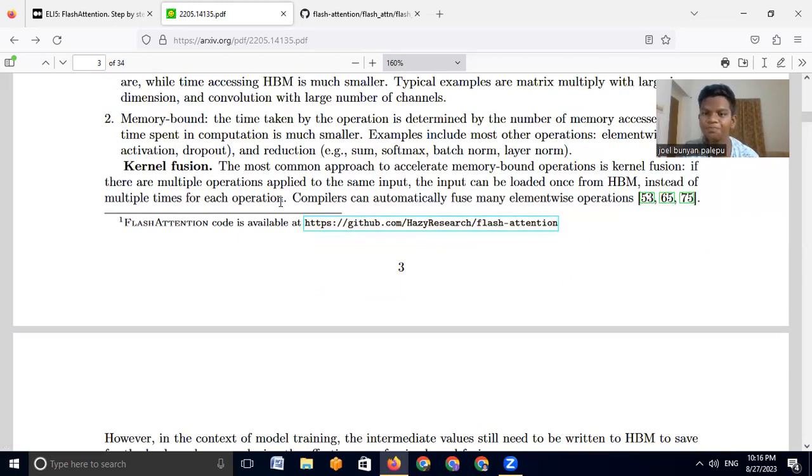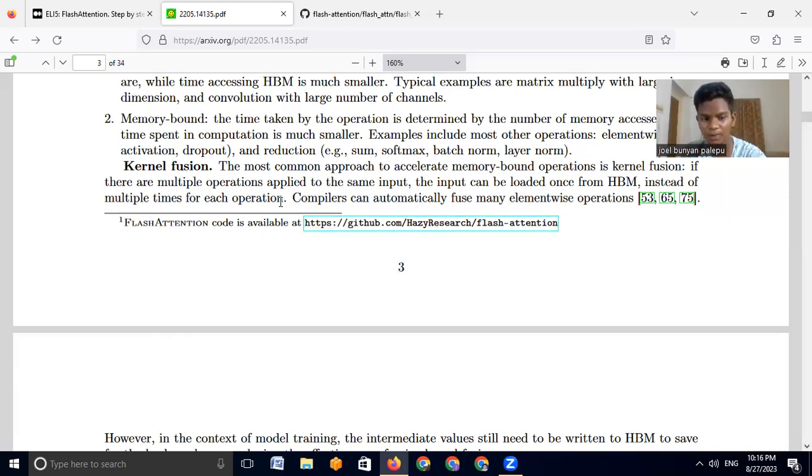So the thing is, while performing attention, we have to do a lot of calculations. In the standard attention implementation, what we'll be doing is performing each calculation and then writing it back to HBM, right? And then we are going to read it back again for other calculations.